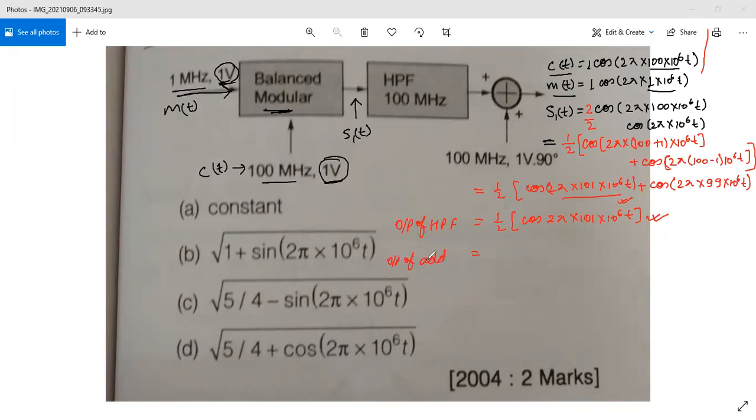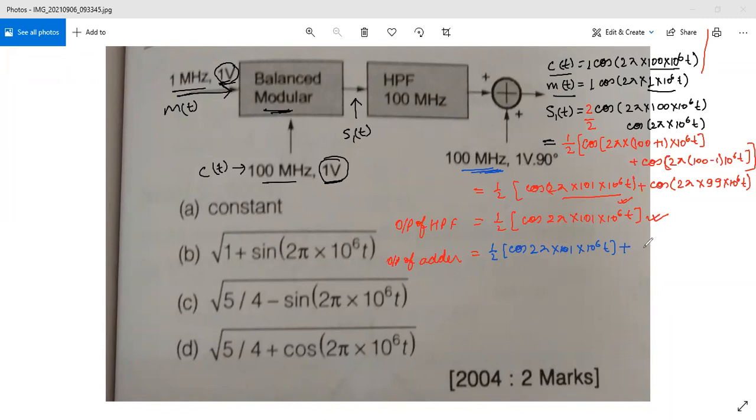एडर. ओके, सो आउटपुट ऑफ एडर हमें क्या मिलेगा, half cos of 2 pi into 101 into 10 to the power 6t प्लस ये जो सिग्नल है, ये जो सिग्नल है 100 मेगाहर्ट्ज 1 वोल्ट 90 डिग्री फेज शिफ्टेड.